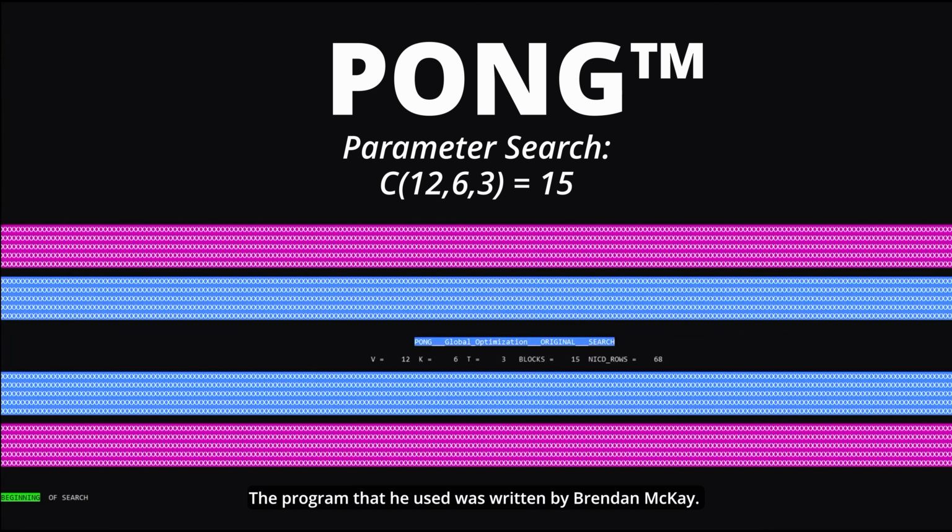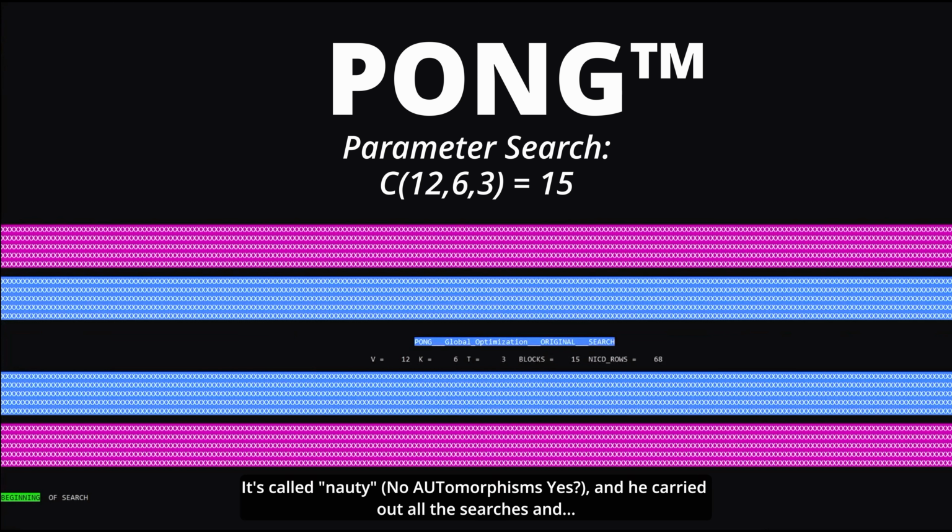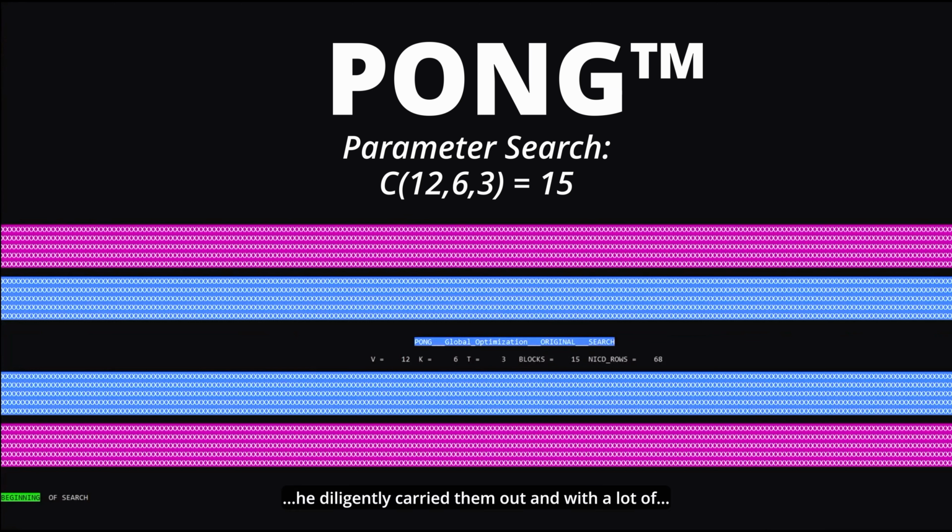The program that he used was written by Brendan McKay. It's called Nauty, and he carried out all the searches diligently, with a lot of determination and patience, and his searches were very instrumental.